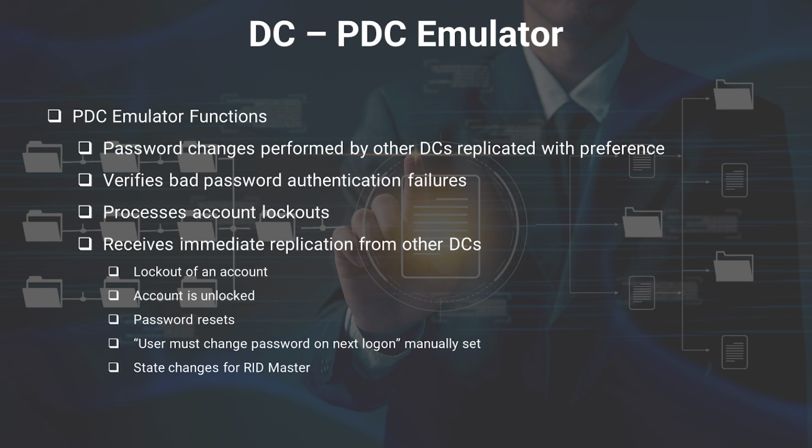If you check the user must change password at next logon checkbox, that also is sent directly to the PDC emulator, as well as any state changes for the RID master. Meaning if the RID master changes from one DC to another DC, the PDC emulator has to know that because, of course, RIDs are related to accounts to make them unique, and the PDC emulator has to have that information.